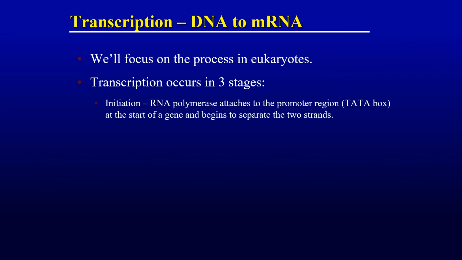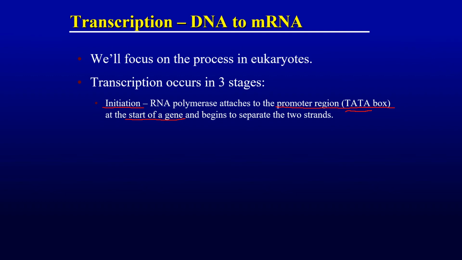The first stage we refer to as initiation, and that's where RNA polymerase attaches to the DNA strand at the promoter region, and it's characterized by something called a TATA box, and that TATA stands for a thymine and an adenine, and a thymine and an adenine. So at that sequence, that's our TATA box, and that's called the promoter region. And that occurs at the start of a gene.